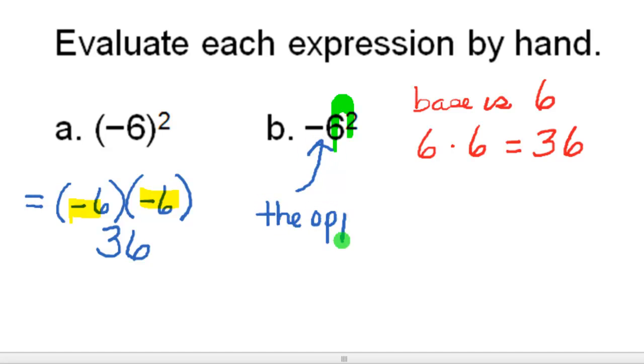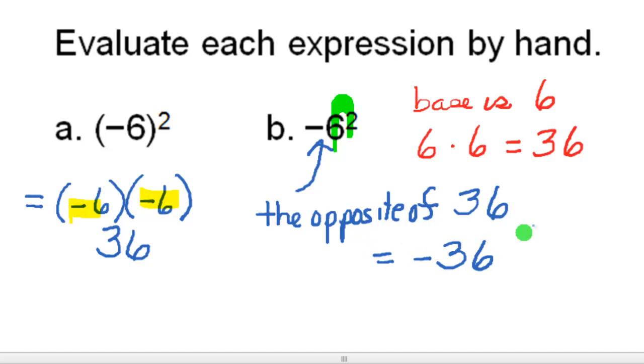And in this case, this negative sign means the opposite of 6 squared, or the opposite of 36, of a positive 36. So the opposite will be a negative 36. So notice how without the parentheses, our answer is negative 36.